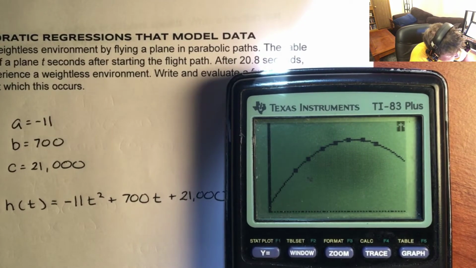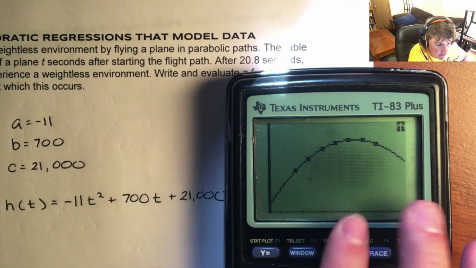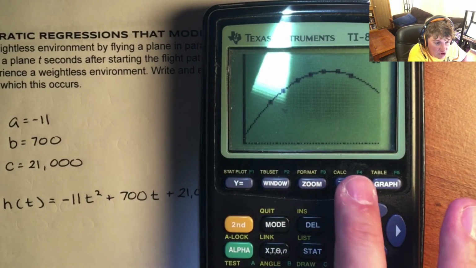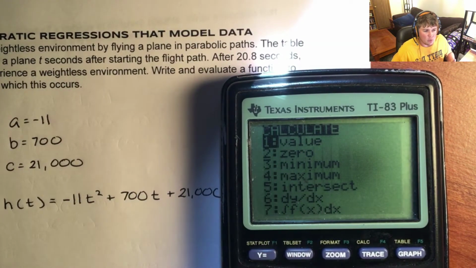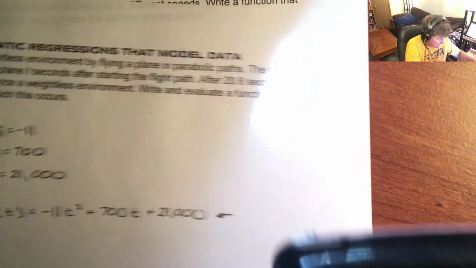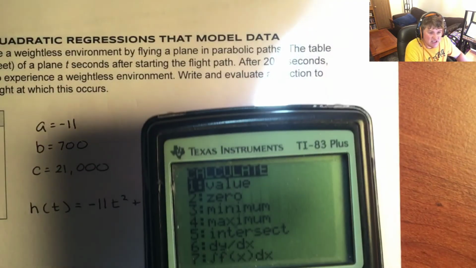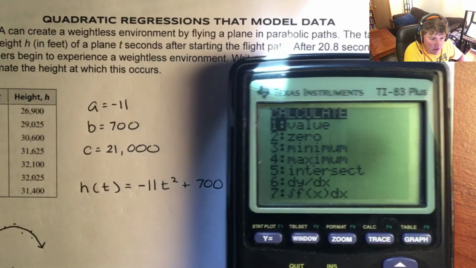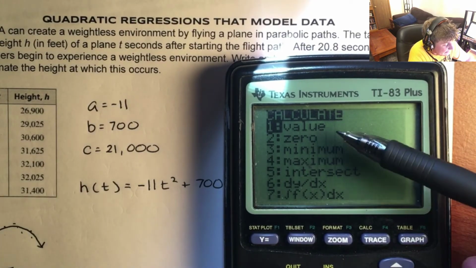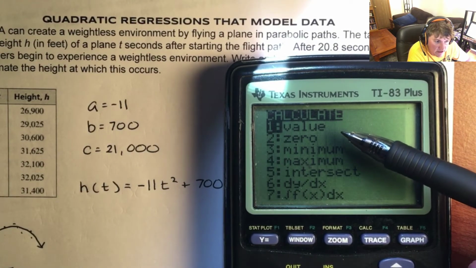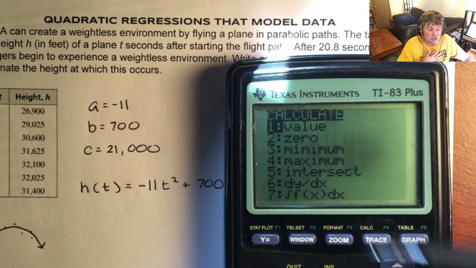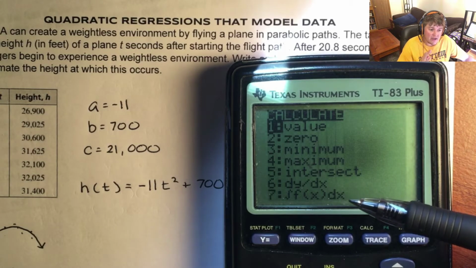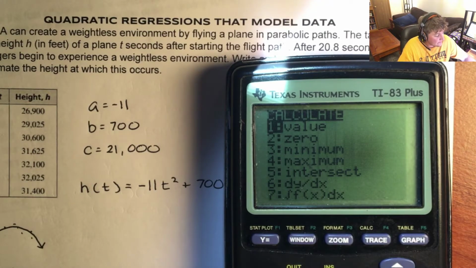When you hit second and then trace, you're going to hit the second button and then trace. It's going to give you a whole lot of different options. You might want to write some of this down. The number one value is going to give you a y value when you have the x. So if I know what x is going to equal, I can plug it in and we'll find the y value.